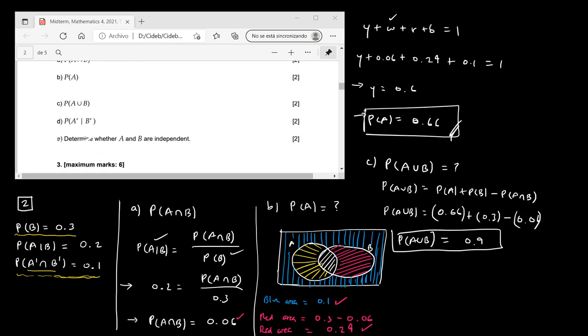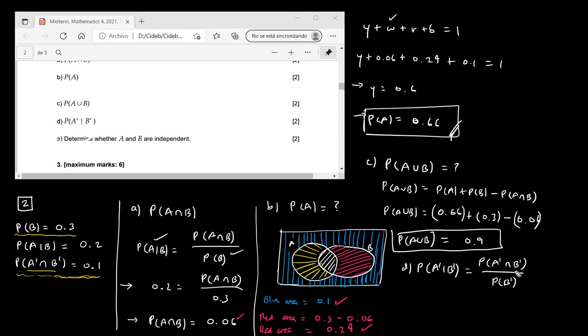Then the probability of D, the probability of A prime given B prime. How can I get this? Once again, I make use of the formula for conditional probability, which is the following: the probability of the intersection of both events over the probability of the event that is the conditional.